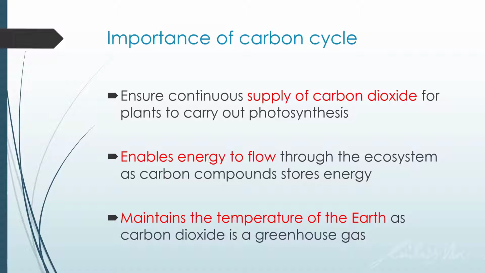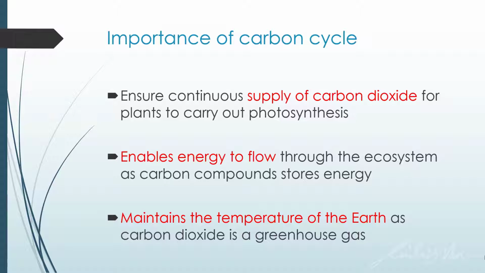But of course, the problem is now we are burning a lot of fossil fuels and releasing a lot of carbon dioxide to the atmosphere. So this is why it's important for us to store the carbon dioxide that is in the atmosphere somewhere to prevent it from exerting the greenhouse effect.